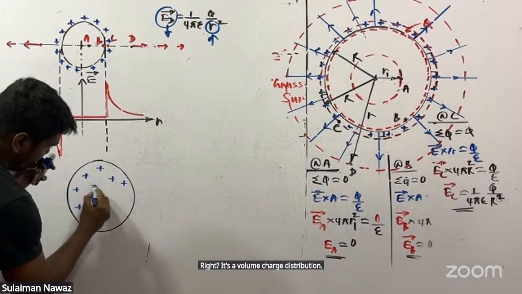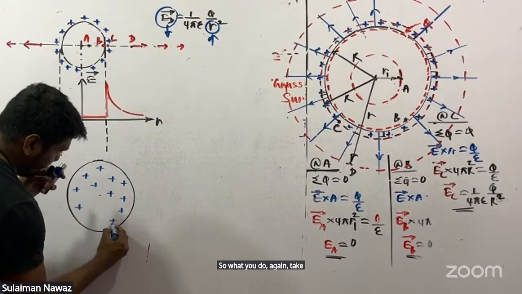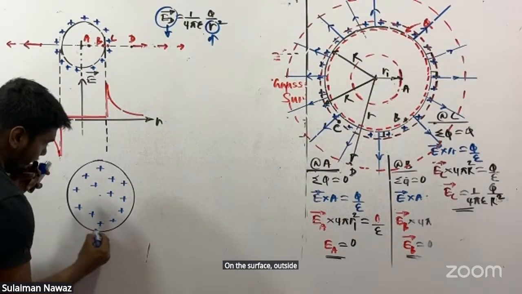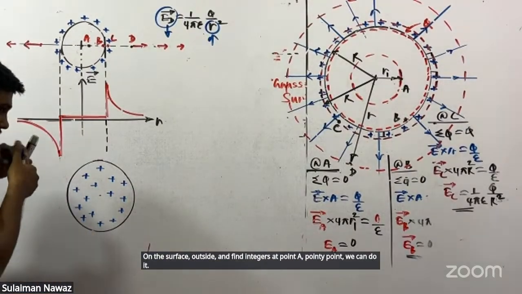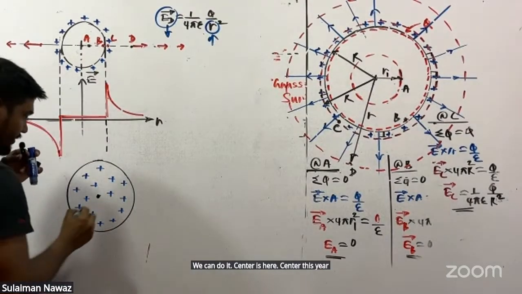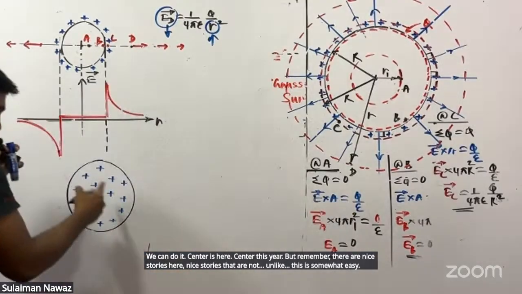Now I think you understand, right? So what you do again is take a point inside, on the surface, and outside, and find the intensity at point A, point B, point C. Now you can do it. Center is here. But remember, there are some tricky parts when you're doing the calculation.